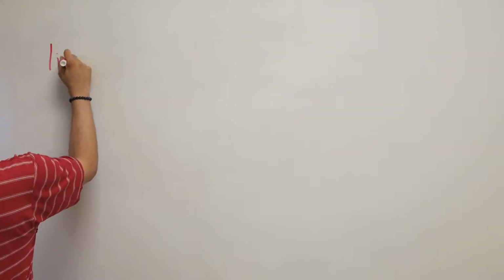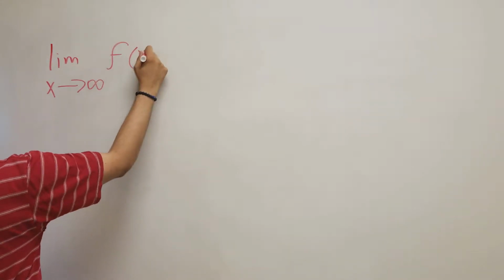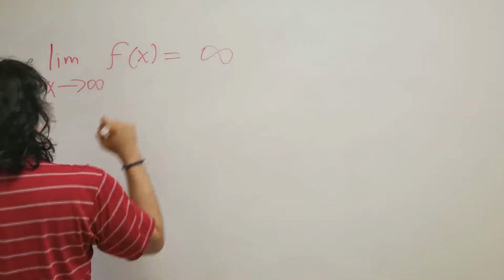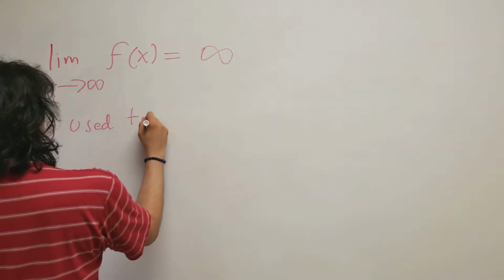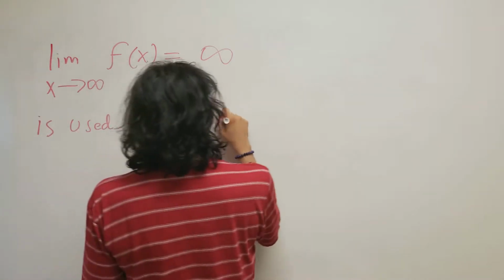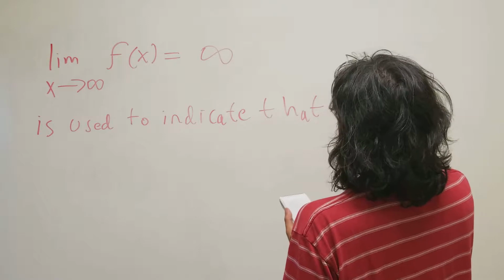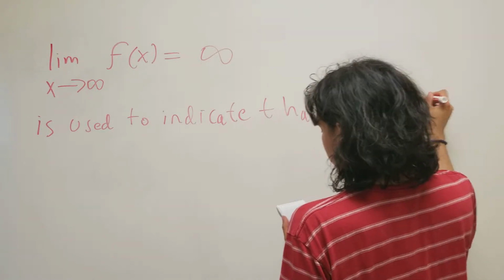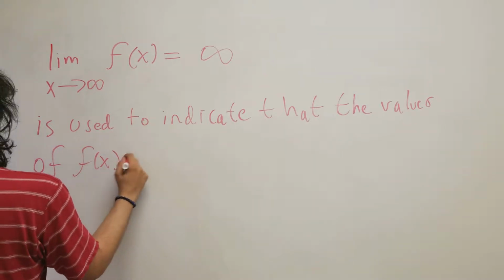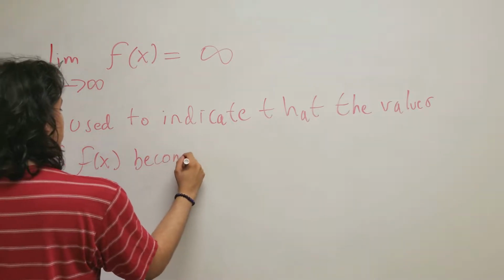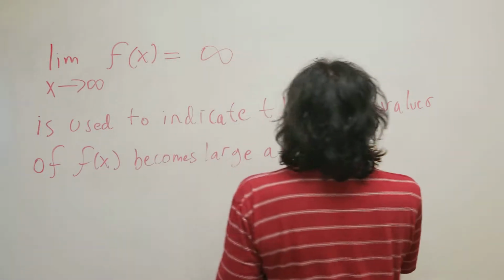So the limit as x approaches infinity of f of x equals infinity. This is used to indicate that the values of f of x become large as x becomes large.